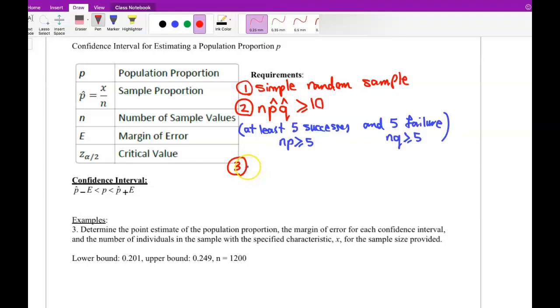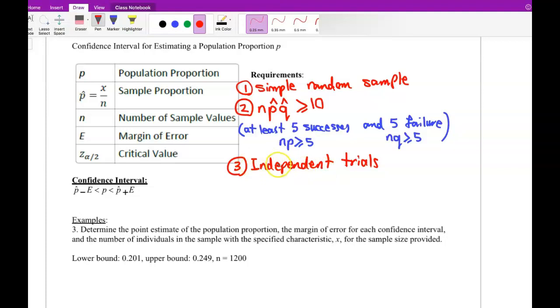Then number 3 should have independent trials. Remember, we had this one also when using binomial.